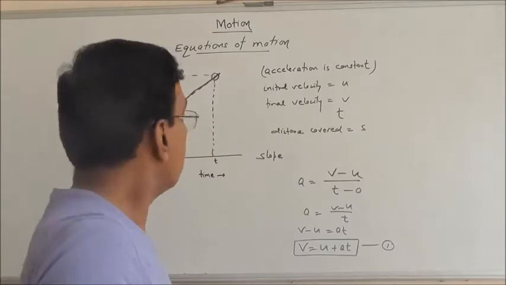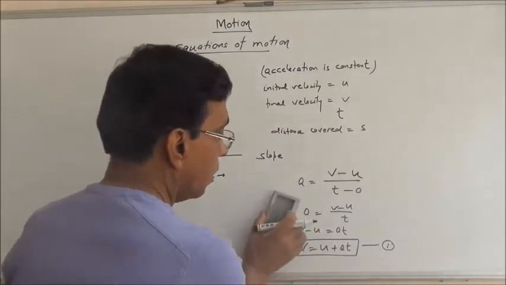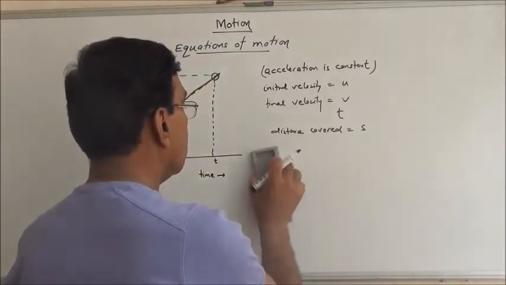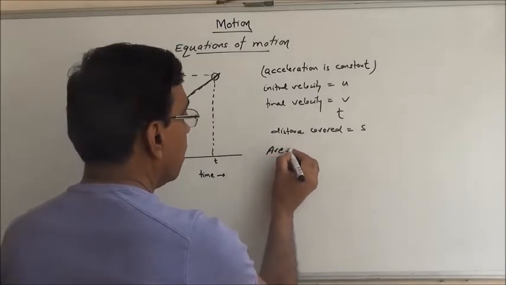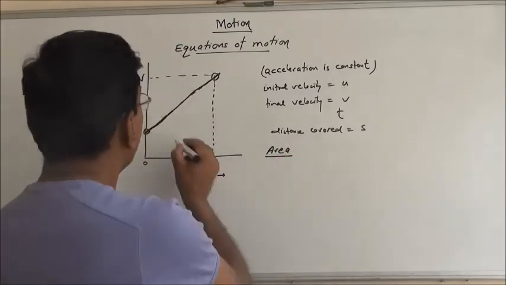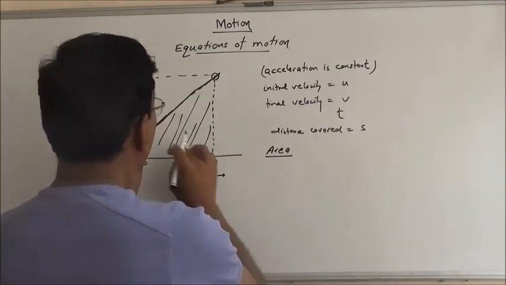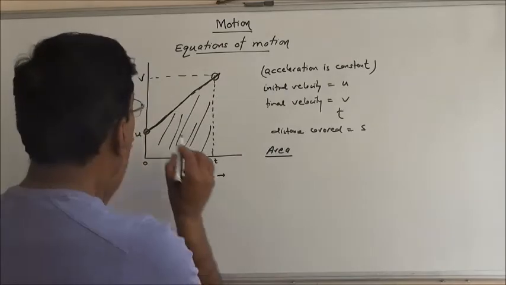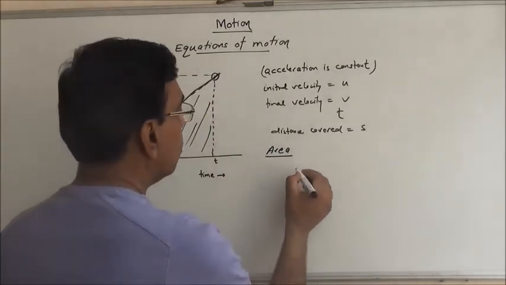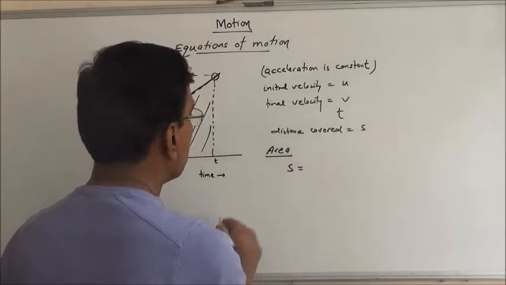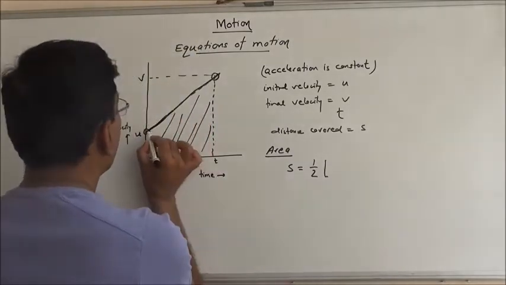Second equation is for the distance covered in the time when the velocity changes from u to v. And how do we calculate this? By area. So now let me calculate this area. We can take directly a trapezium, or I can take one rectangle and one triangle. So s is half the sum of parallel sides.